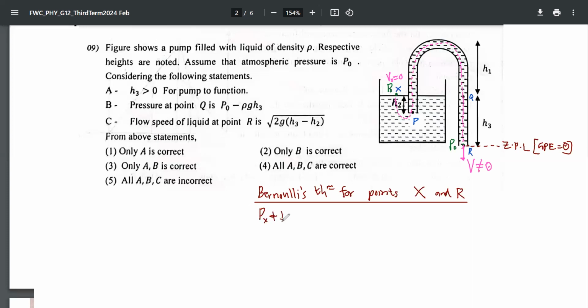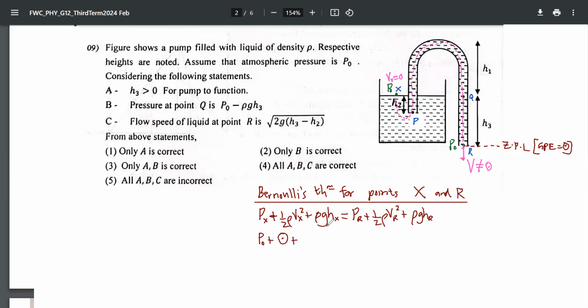Px plus half rho Vx squared plus rho g Hx. People, you can write down with me. What is the pressure at R? Pr plus half rho Vr squared plus rho g hr. What is the pressure at X? P naught. What is the velocity at X? 0.